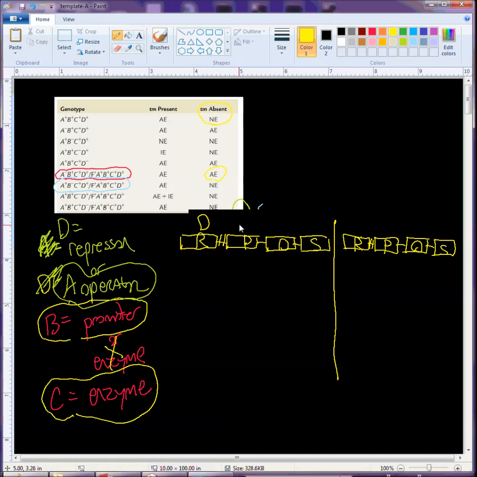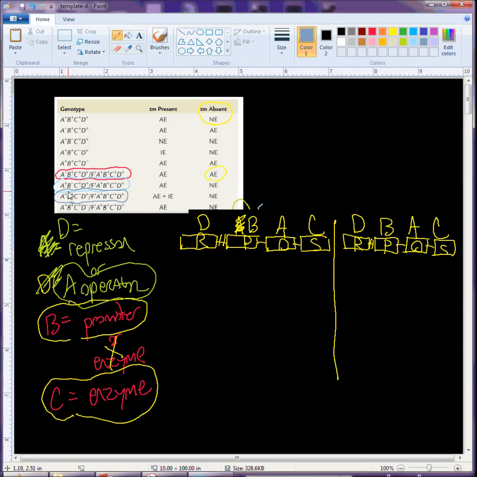Okay, then this is gene D, this is gene A, I made the mistake again, this is B, this is A, this is C. So this is our working model, and so far it is completely consistent with all of the data. Let's check this genotype, this strain right here, and its phenotype.